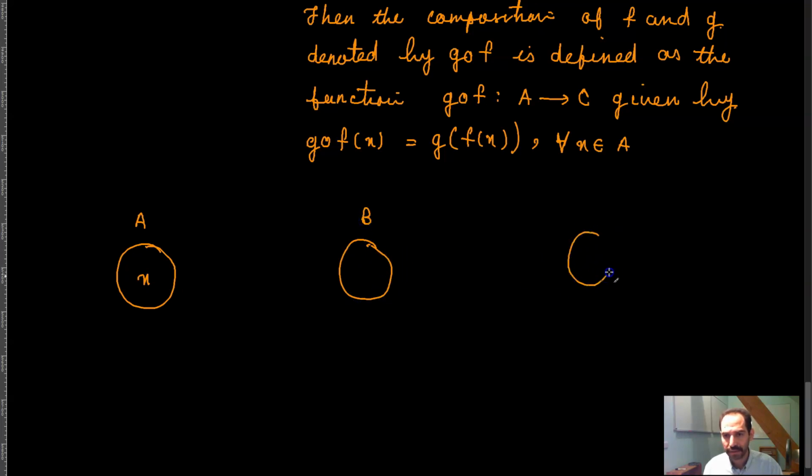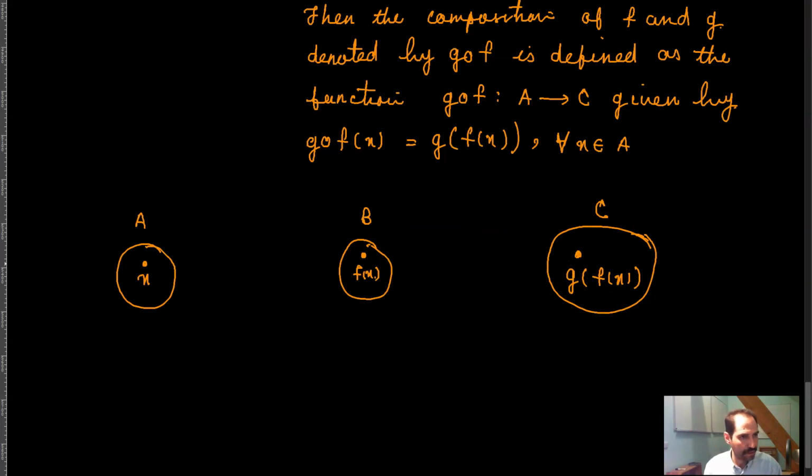And you would have some set C over here, and then x is mapped to f of x in B, and then f of x is mapped to g of f of x in C. Let me write this properly. So this is basically C.